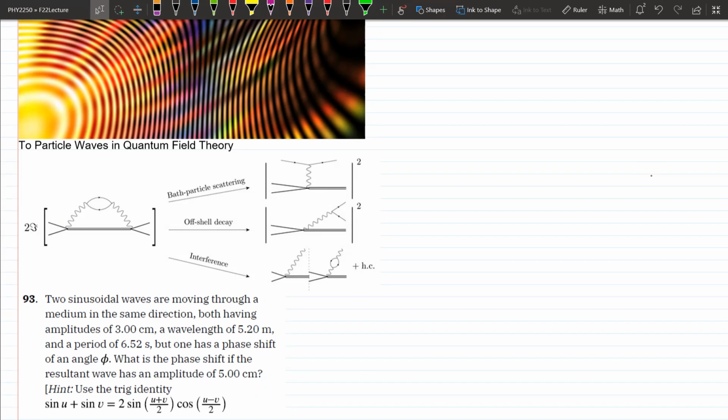Things can interfere with each other because of the wave nature of everything in the universe. And you have these weird effects where, I don't want to try to describe this, this is a particular particle scattering off another.